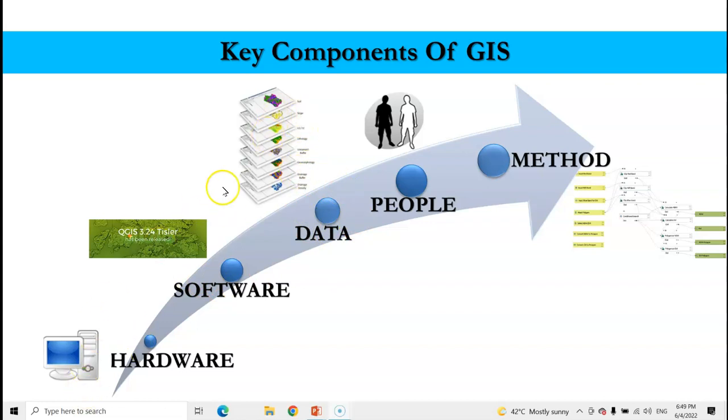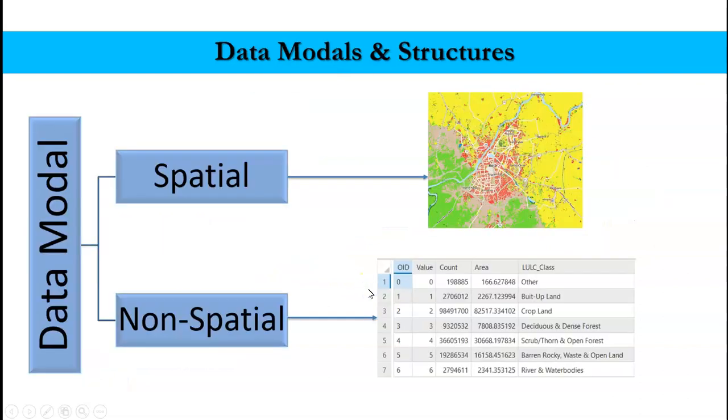I'm showing some pictures as examples, then people like workers, manpower and users. Then methods, different spatial methods or geostatistical methods to analyze the data. Okay, data models and structures.